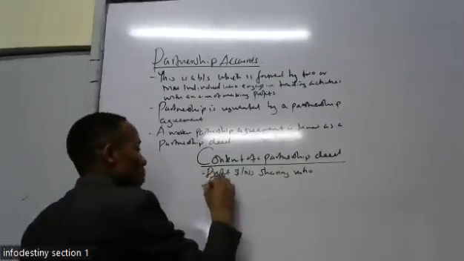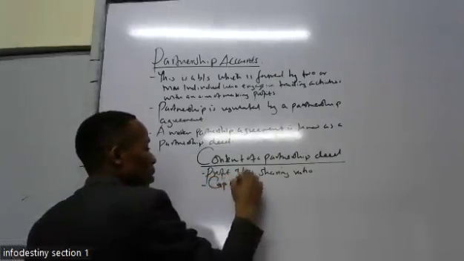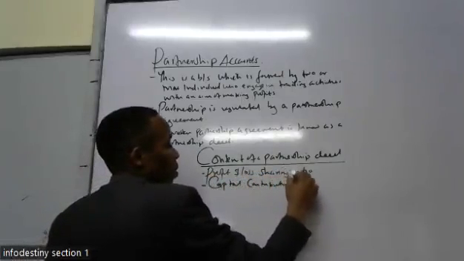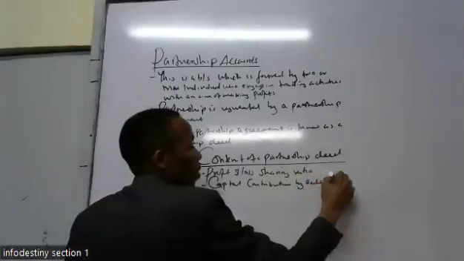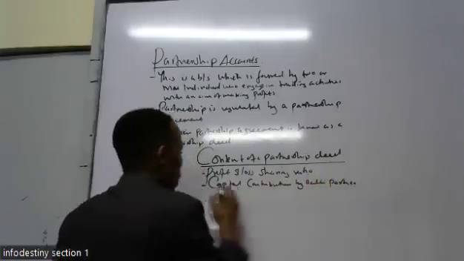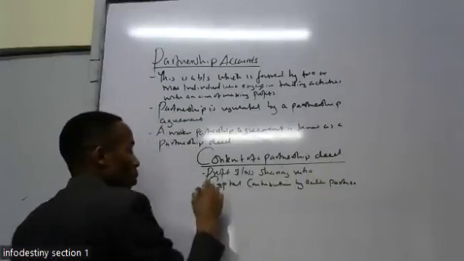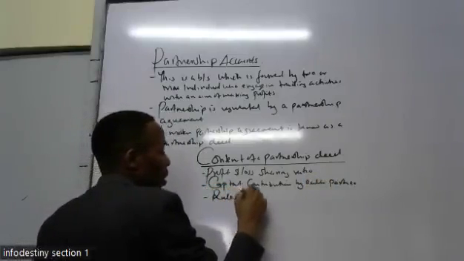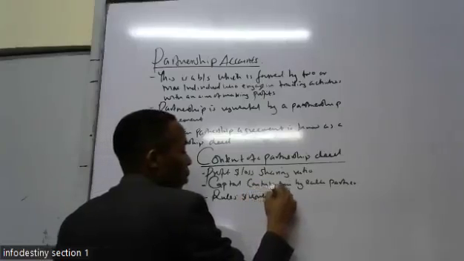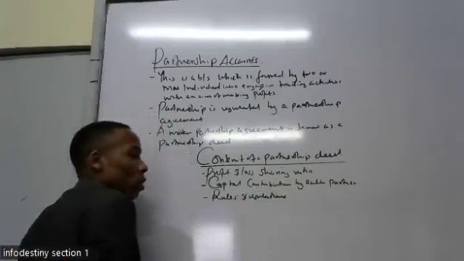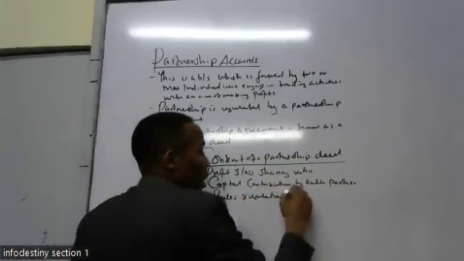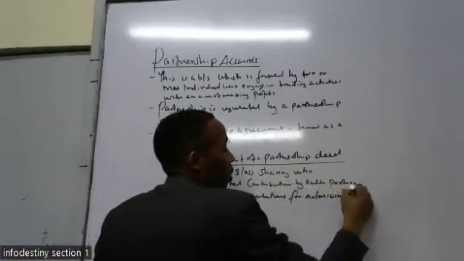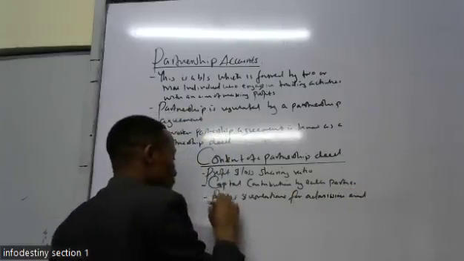Number two is the capital contribution by each partner. Number three, we also have the rules and regulations for admission and retirement of a partner.